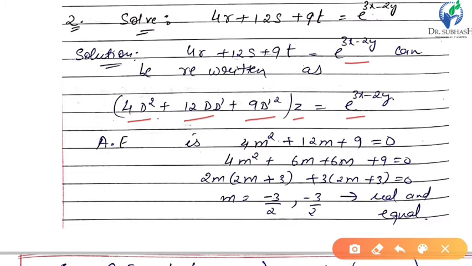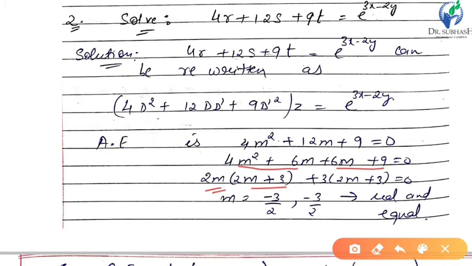First we write the auxiliary equation: 4m squared plus 12m plus 9 equal to 0. Now 12m can be written as 6m plus 6m. From the first two terms we take common 2m, leaving 2m plus 3.